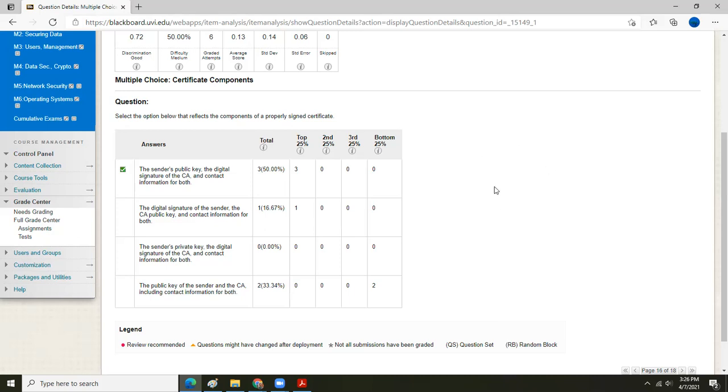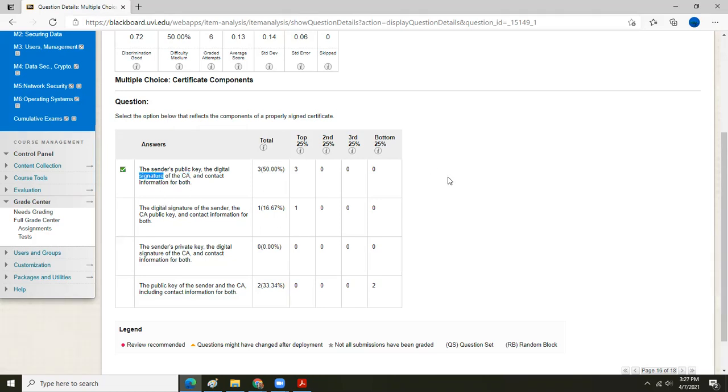It shows the certificate, and it shows that there's the sender's public key, the digital signature of the CA, and there's contact information of the sender and the CA. So there's actually 4 pieces that are part of a properly signed certificate. Before it's properly signed, it doesn't have information from the CA and it's not signed.